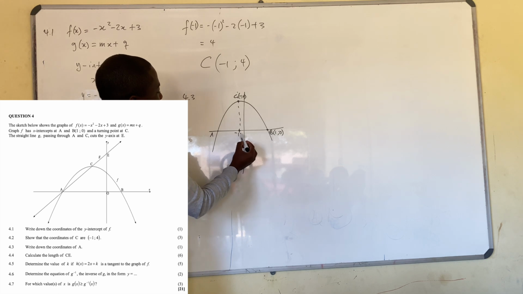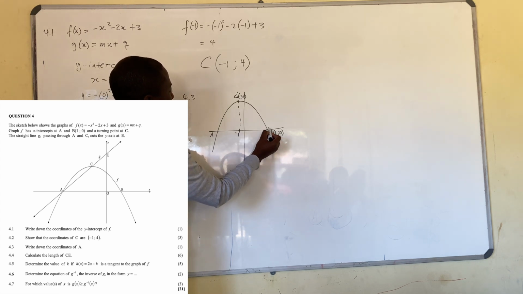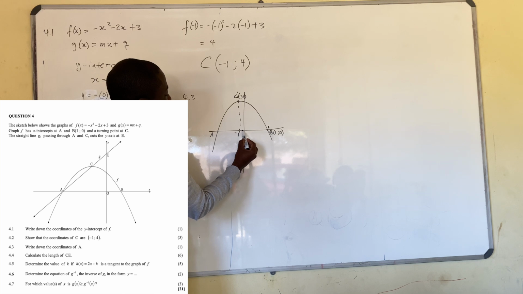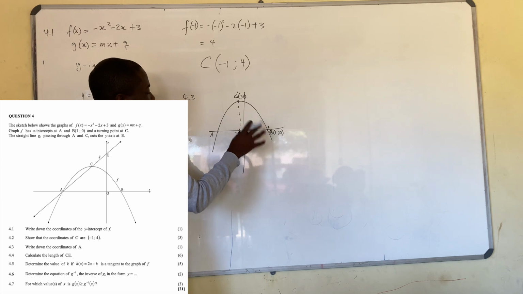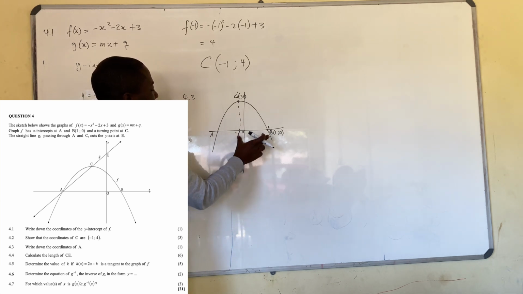So what is the distance from negative 1 to 1? Because you have 1 here. It's 2 units, sorry. Because it's 1 unit from negative 1 to 0, and then from 0 to 1 is another 1 unit. It's just my diagram is not proportioned very well. So it's 2 units.